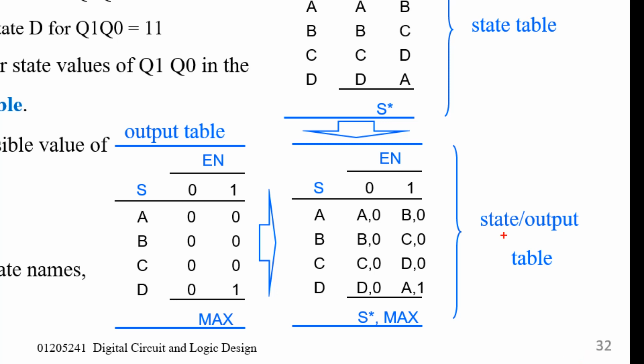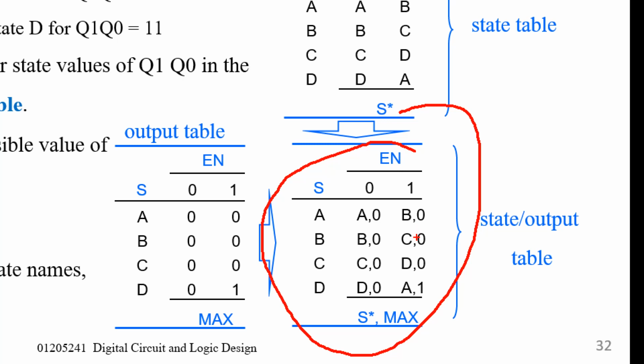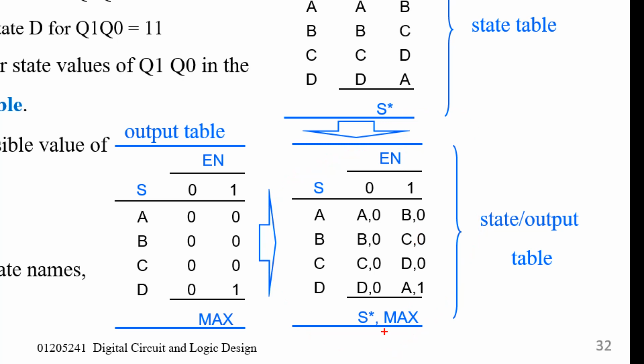That means this state output table contains two pieces of information: the next state S star after the clock tick, and the output value. When you use this state output table, you must focus one by one.